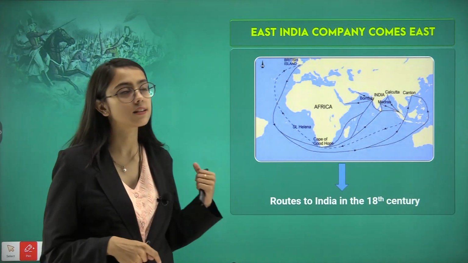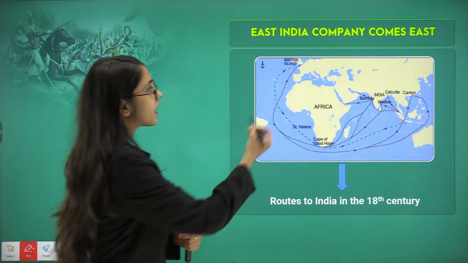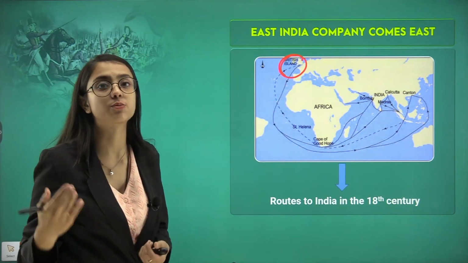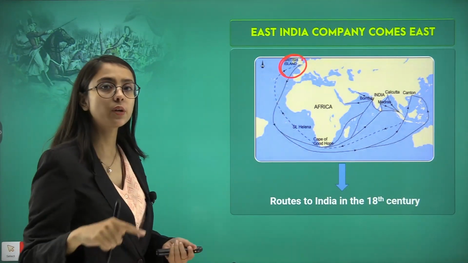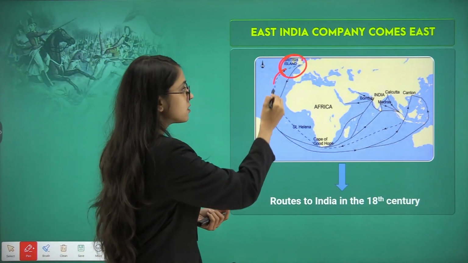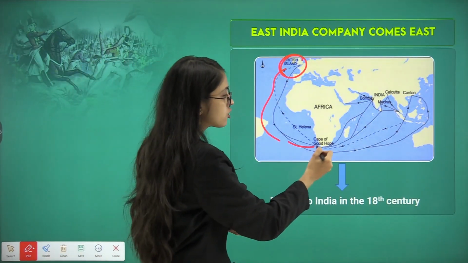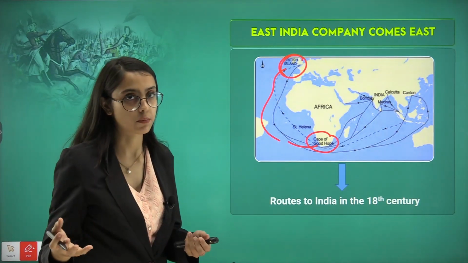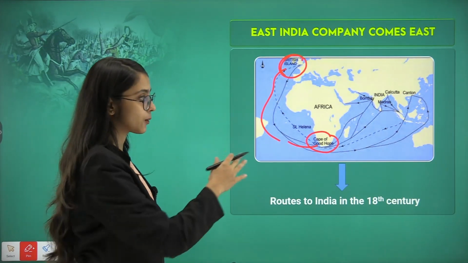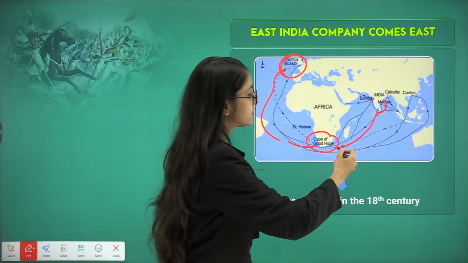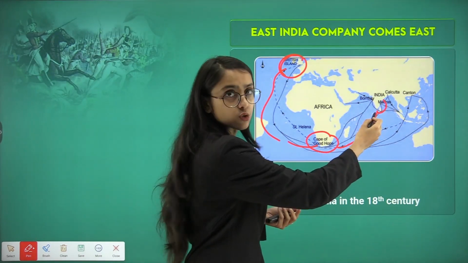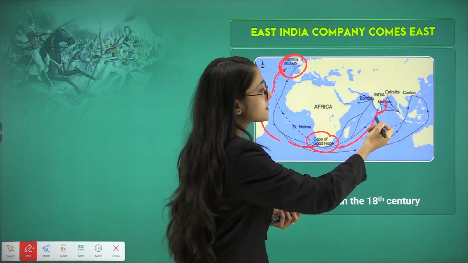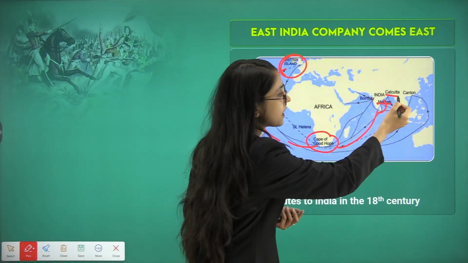Let's see. Here in the map, as you can observe, the British East India Company came from the British Isles, Great Britain. They came to India through a sea route. They reached the Cape of Good Hope, which is known as modern day Cape Town in South Africa. After that, they moved towards the Indian Ocean and the Arabian Sea, towards the Bay of Bengal, where they set up their ports in Madras and Calcutta.